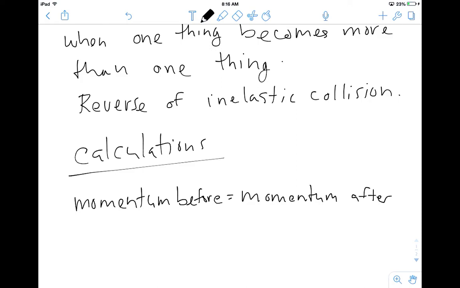The momentum before is just mass times velocity, while the momentum after is two objects, mass times velocity plus mass times velocity. So let's do a quick example.